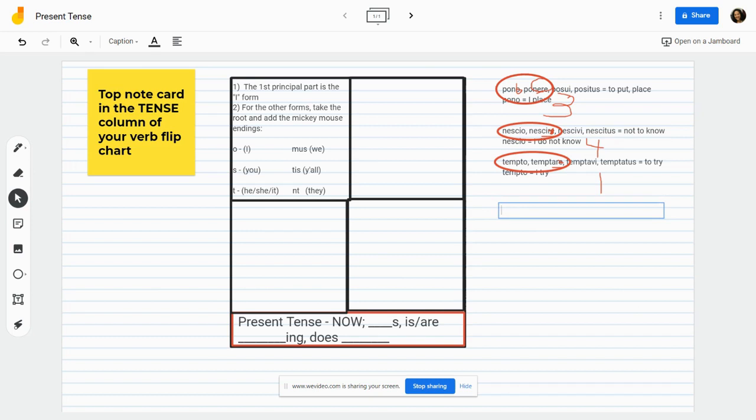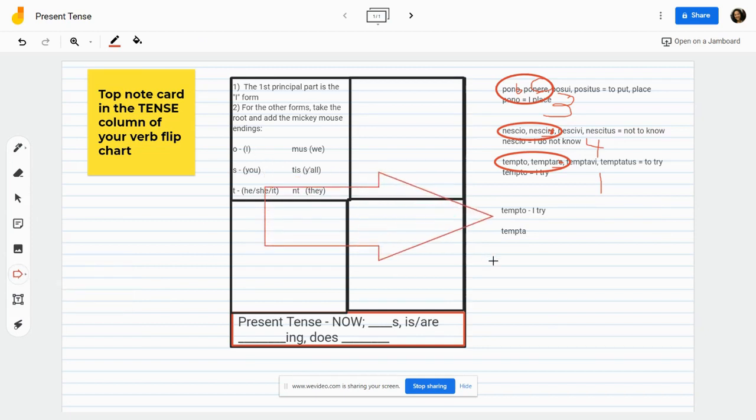The first principal part is the I form. So tempto equals I try. So what do I do for the next 5 forms? I'm going to take the root and add the Mickey Mouse endings. The root of tempto is tempta. To form the next form, which is the you form, let's make this really clear.